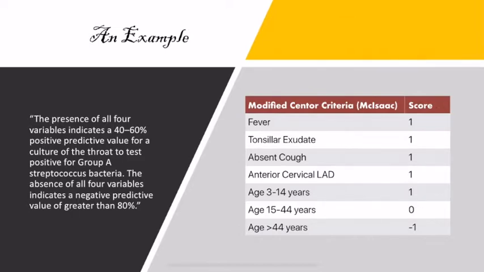Okay, so the Centor criteria gives you a point for each of these items. Do you have fever? Right, our patient did, so he gets a point. Do you have tonsillar exudate? If you do, you get a point. Other throat findings can stand in for this, like it's just super red in the back of the throat, or you have petechiae on the palate, the soft palate.